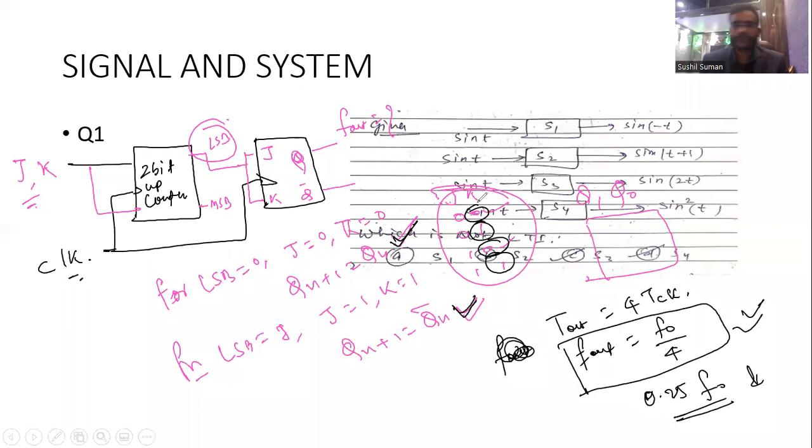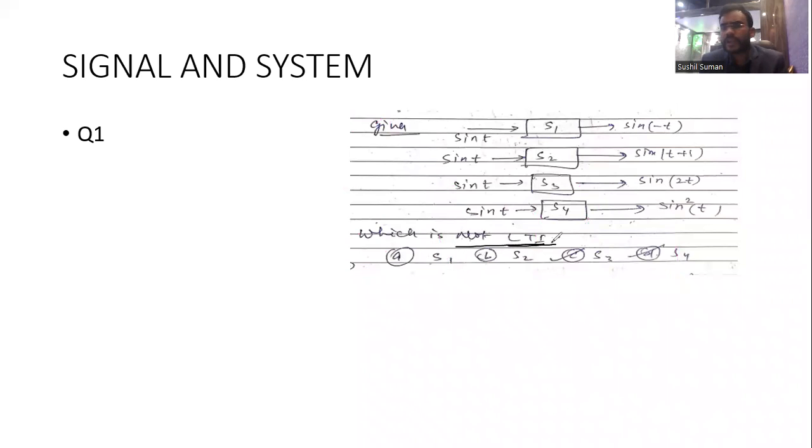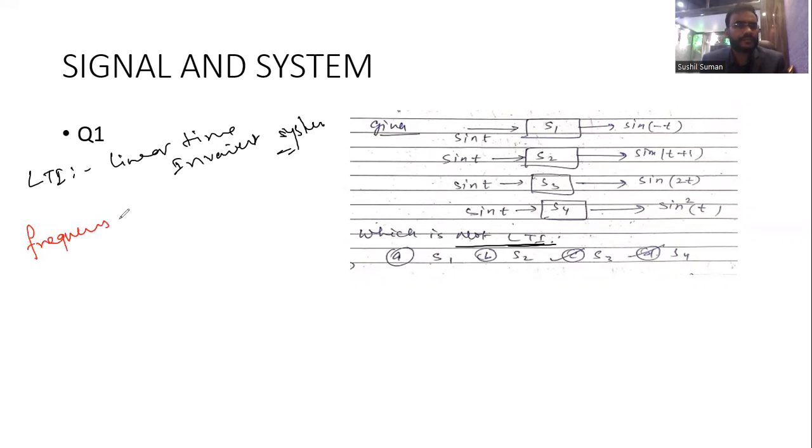Now this question asks which is not LTI. LTI means linear time invariant system. My dear students, as you know, for an LTI system the frequency should be constant. Why?